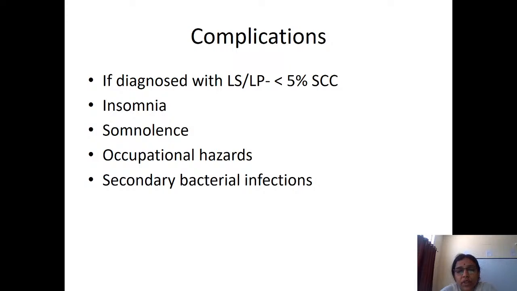And intense itching can lead to insomnia, and thereby these women are prone to somnolence, and again this can lead to occupational hazards. And repeated scratching usually leads to skin breakdown, and this will cause secondary bacterial infections. So these are the complications that we usually expect once any woman has this condition.